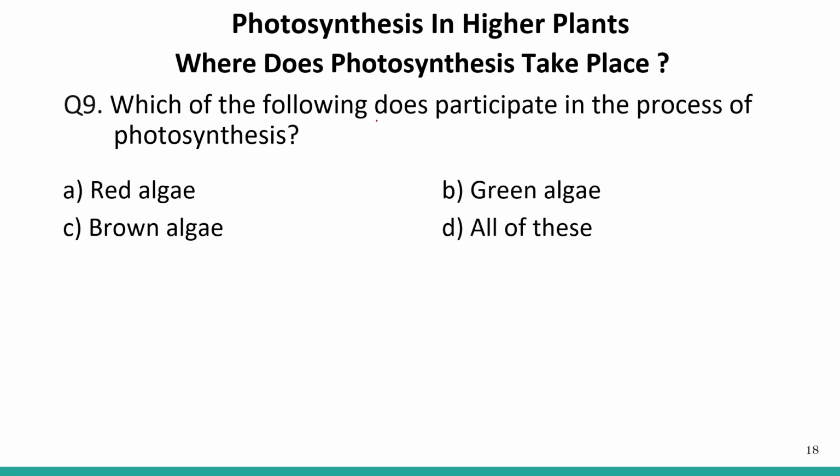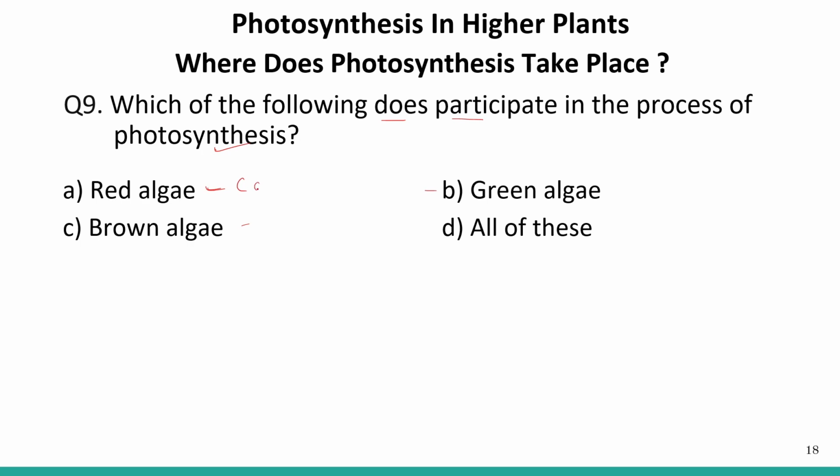The next question is, which of the following does participate in the process of photosynthesis? Alright, red algae, green algae, brown algae, or all of the above. So now let's talk about the pigments present in red algae.